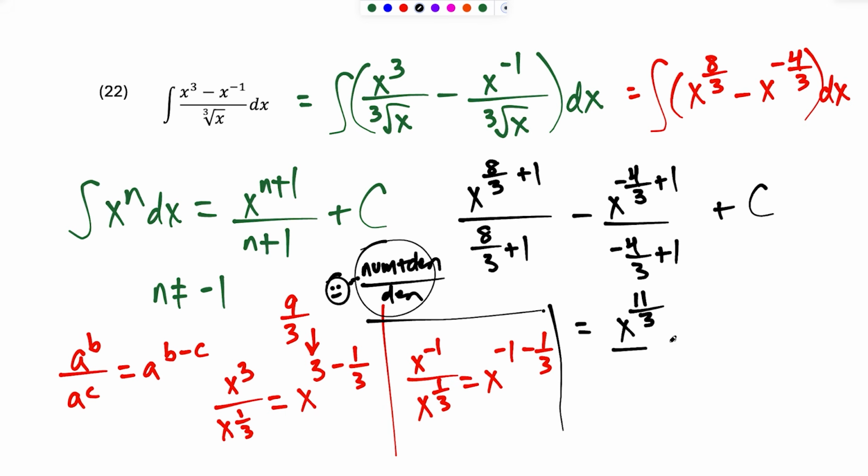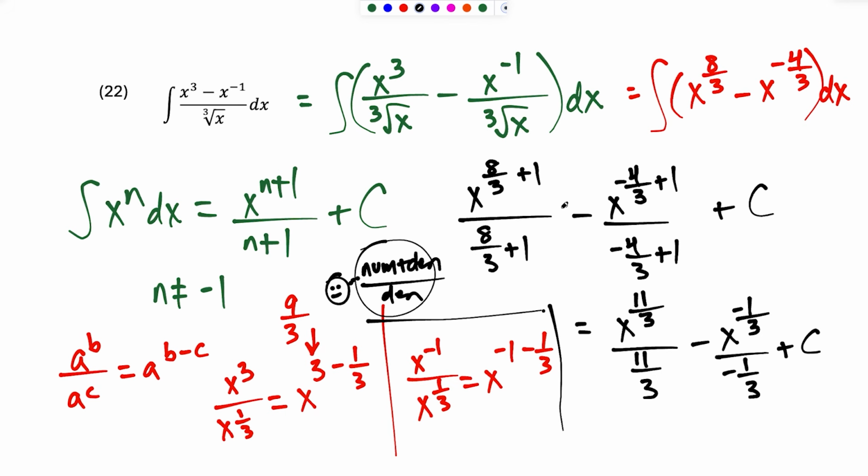And then I'm dividing by that same thing. I'm dividing by 11/3. And then I have minus x to the numerator negative 4 plus denominator 3 gives me negative 1. And then my new denominator is the same as my old denominator like this. And I'm dividing by negative 1/3 like this, and then plus c.